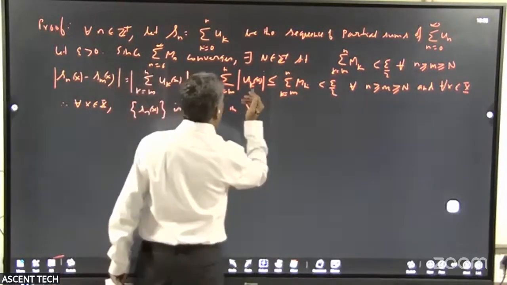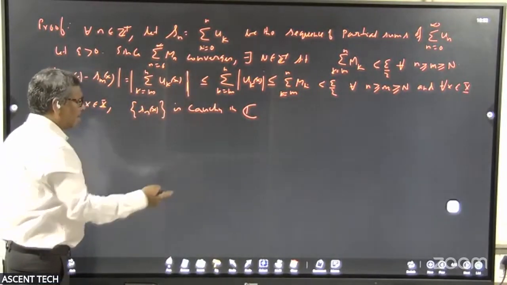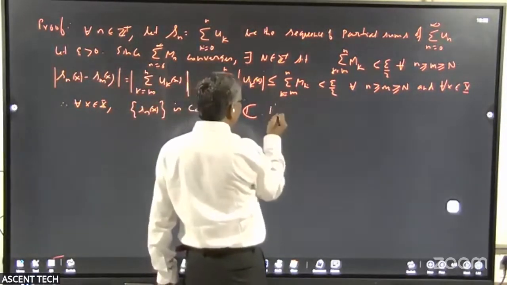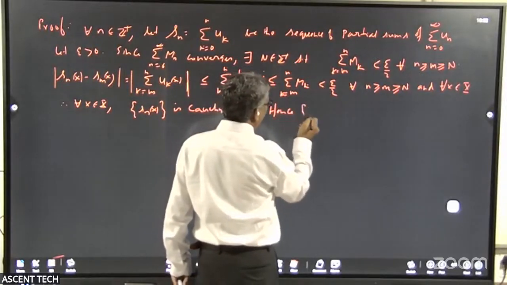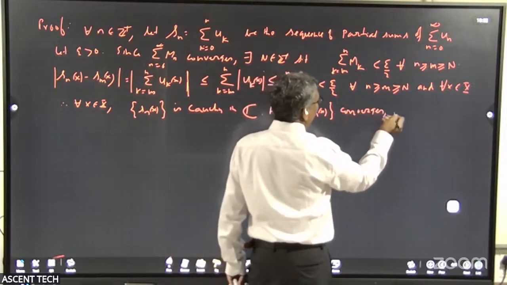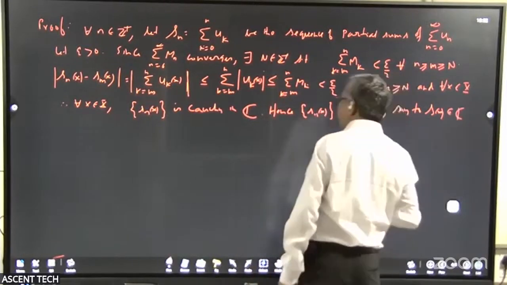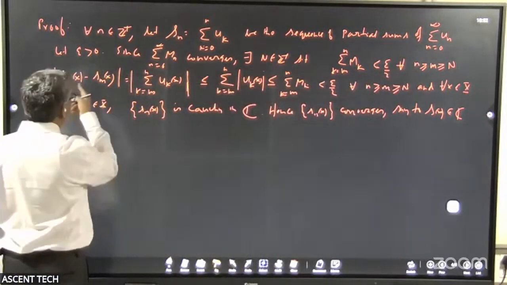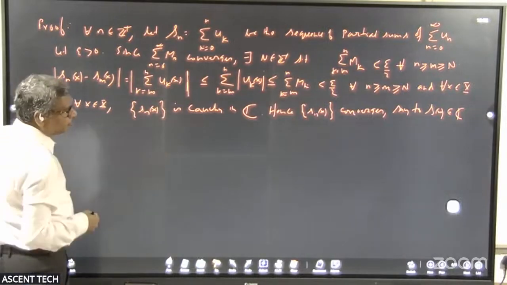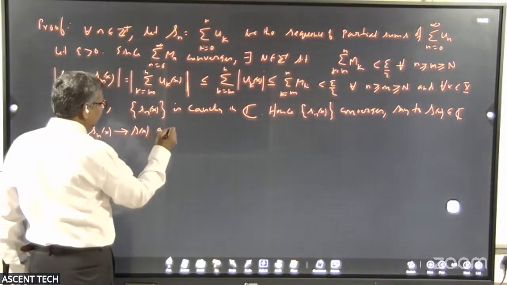These are images in the complex numbers, so it's Cauchy in C, and therefore it converges to some S(x) in the complex numbers. So Sn(x) converges to S(x) as n tends to infinity.